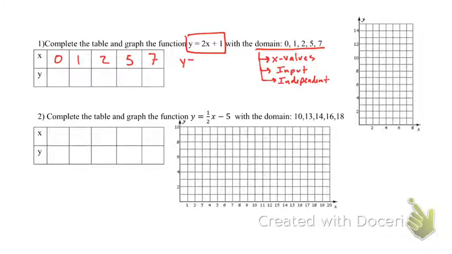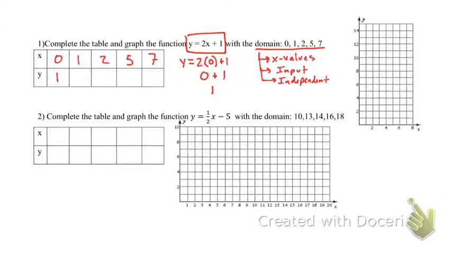So y equals 2 times 0 plus 1. Notice I plug in with parentheses. Let's do this math. 2 times 0 is 0 plus 1. And we get 1. So y equals 1.